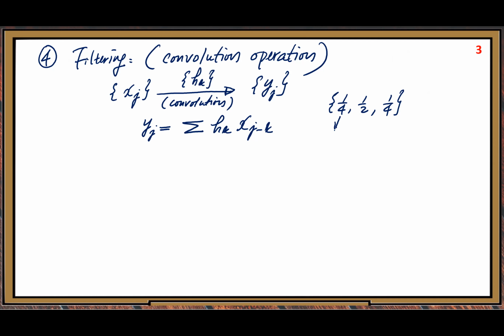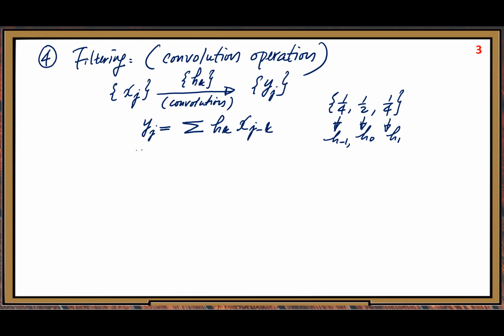Here, let me use the first number. I call it H -1. Second one, H0, the center, I put 0. The third, H1. Then I use the convolution definition formula.